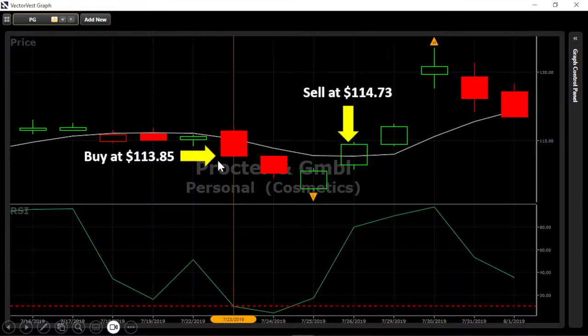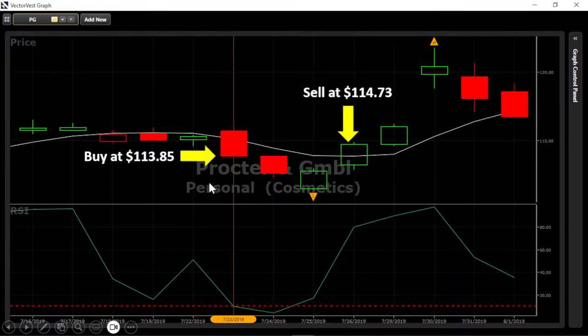You can use this system to day trade, but instead you'd be looking at intraday charts. The same rules could apply on an intraday chart. The same rules can apply on a weekly chart. We're looking at daily charts here, so you can't day trade looking at daily charts. You could day trade the system looking at 5-minute bars or 10-minute bars.